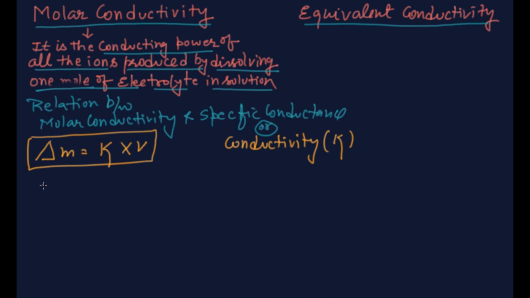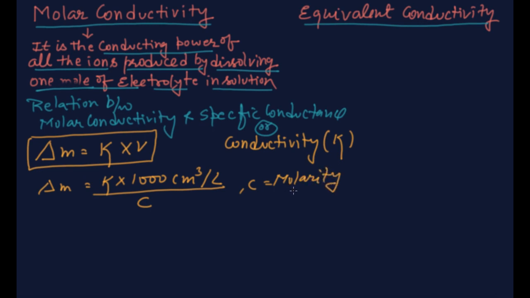Then you go another way, in terms of concentration. Lambda M is equal to kappa into 1000 centimeter cube per liter, which is V in terms of concentration, divided by C, and C stands for concentration, and concentration is coming in terms of molarity, and the unit of molarity you know very well: mole per liter.